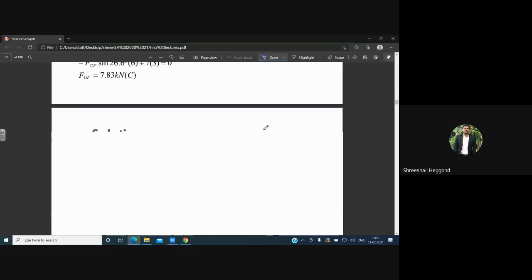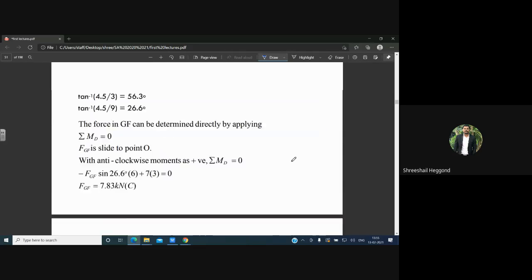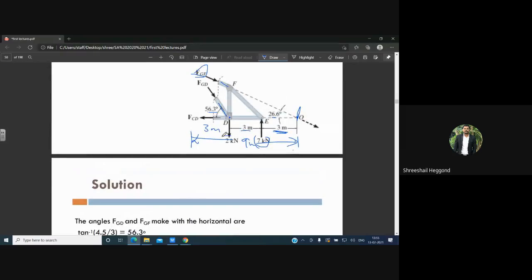That is a negative value. Why? Because it will be clockwise. Plus 2 into 6, that is because of the load at point D, which is acting downward, which creates an anti-clockwise moment about O point. Therefore, it is positive, into a distance of 6 meters.